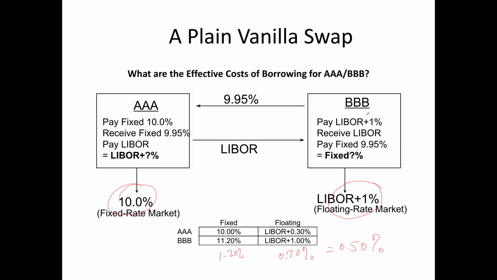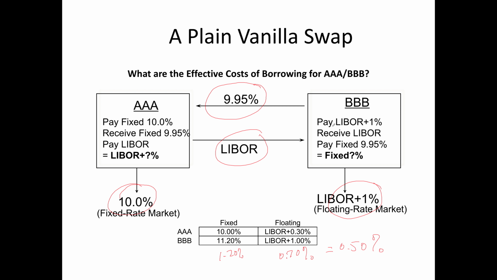But triple B says, I'm going to sign a swap deal for, let's say, the next 5 years. Every year I'm going to pay you 9.95%, and triple A will pay triple B the LIBOR rate.